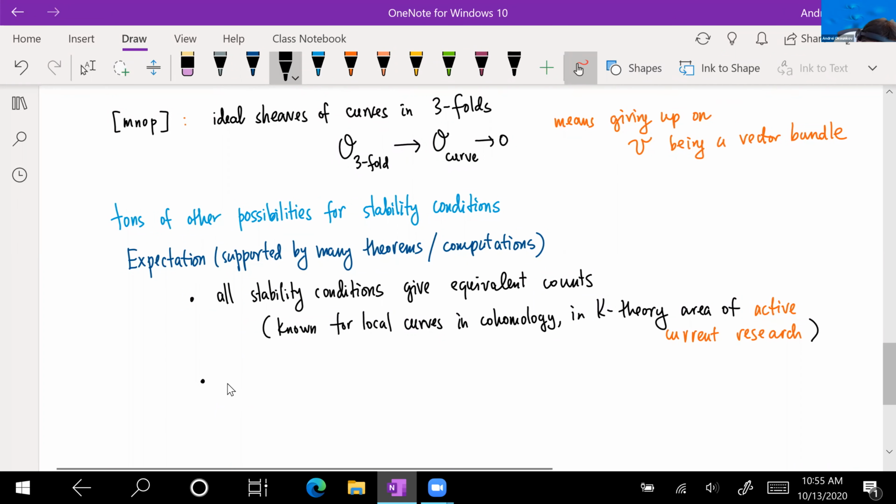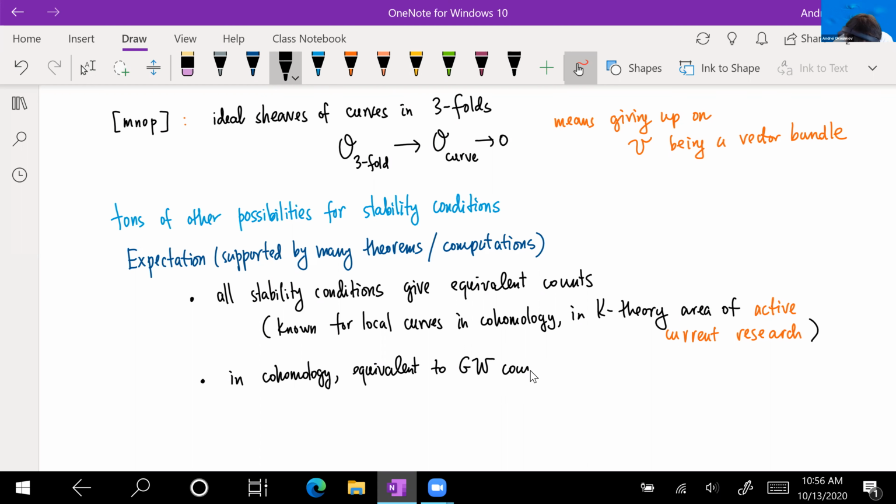And then also in cohomology, equivalent to Gromov-Witten counts of curves. And again, this is not only for local curves.